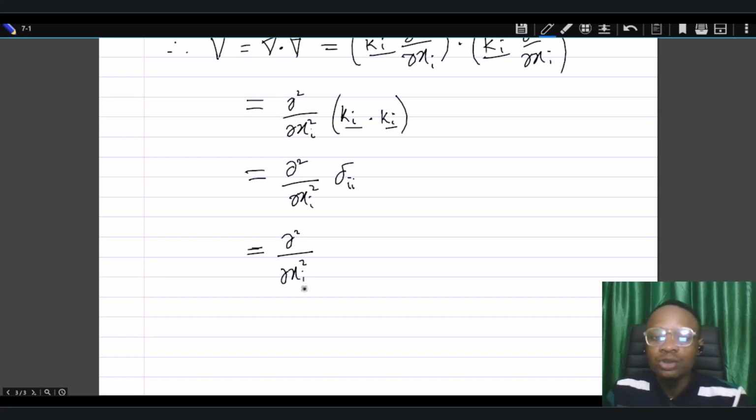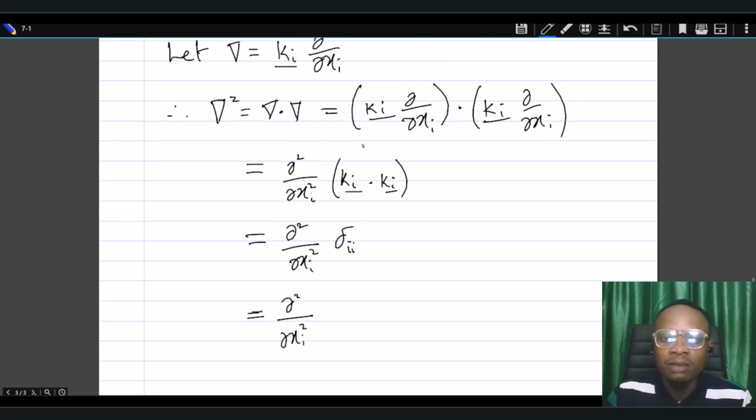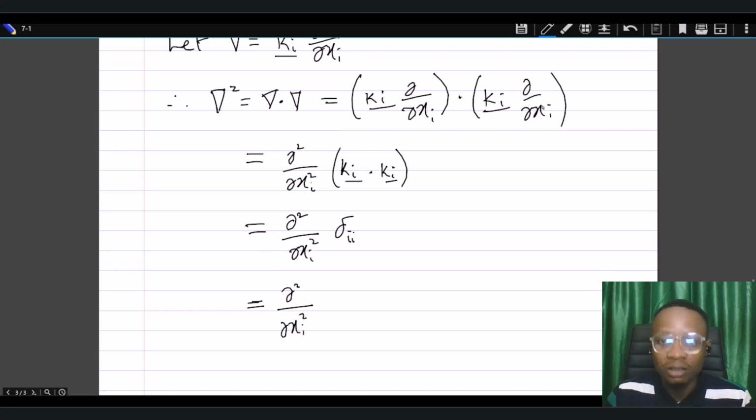Now, what you should know about this symbol, even though we will retain the representation like this, is that this is squared. And how did we come about this? We came about this by multiplying del del xi with del del xi.